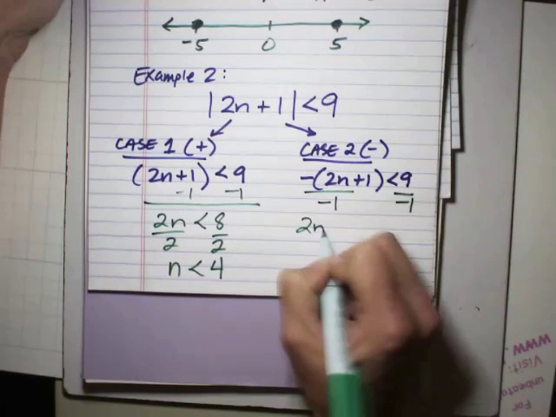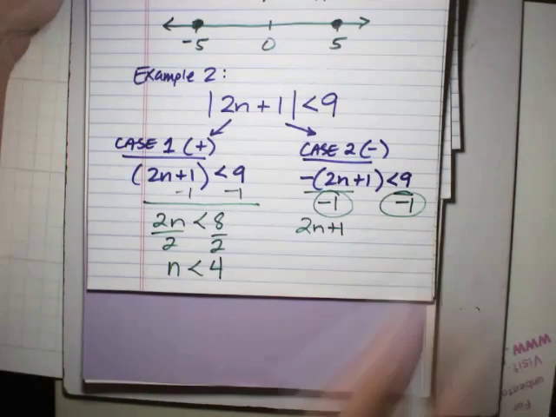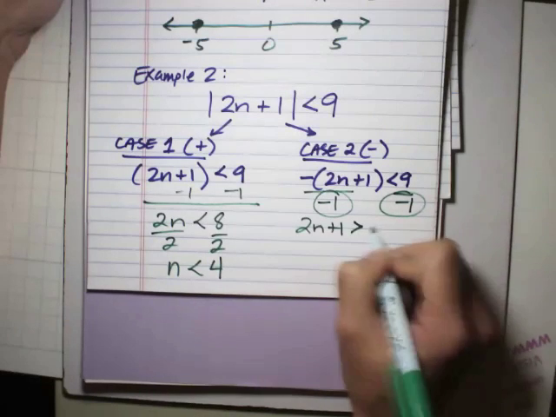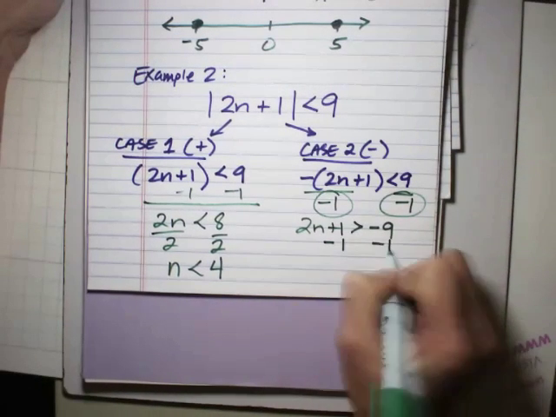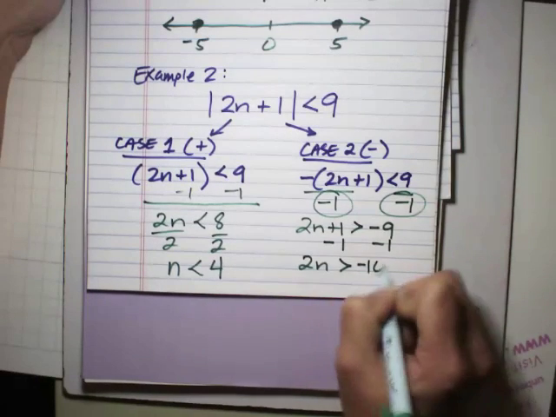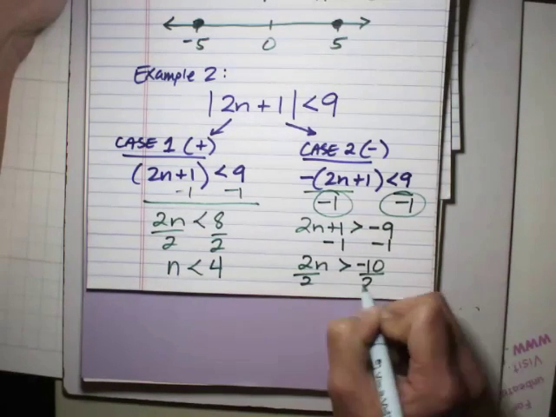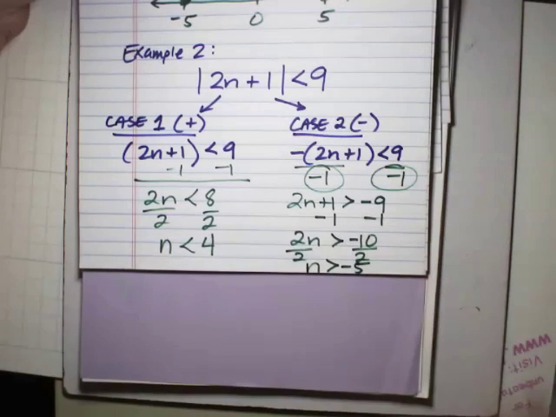So 2n plus 1, remember we're dividing by a negative, so the sign flips, you'll have a negative 9. I'm going to subtract 1 from both sides. 2n is greater than negative 10, and dividing by 2, n will be greater than negative 5.